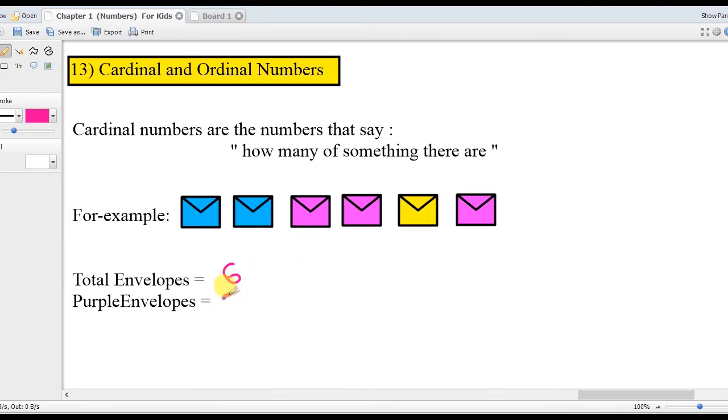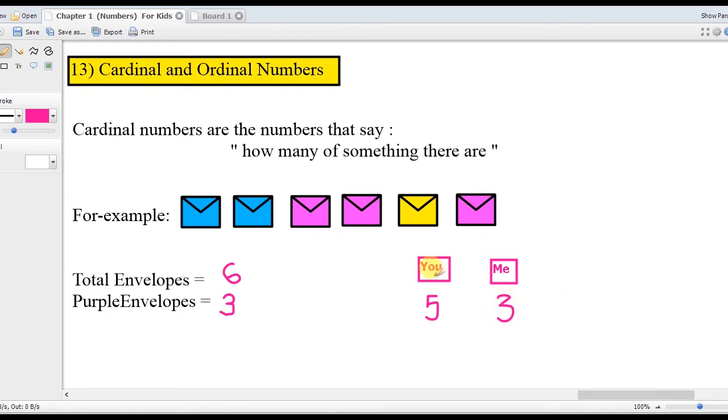So whenever we have to count a number of things or objects, we can name those numbers as cardinal numbers, right? Let's take another example. Let's say you have 5 oranges, and I have 3 apples.